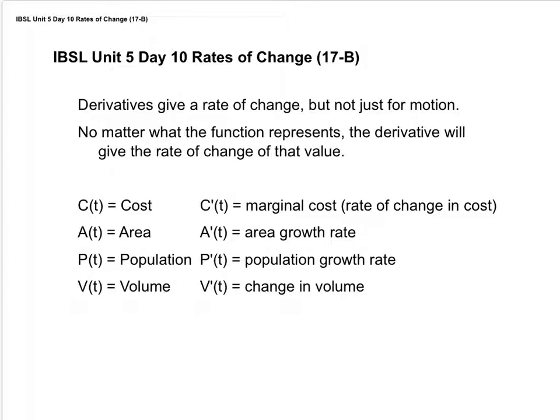So if they're able to get 100 made instead of 80 made, it's going to cost less per unit to make them. That per unit cost is marginal. It's really the rate of change in the cost overall, the price per unit given that you produce a certain number of units.